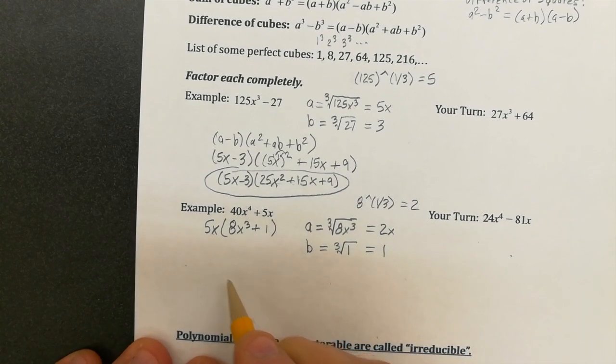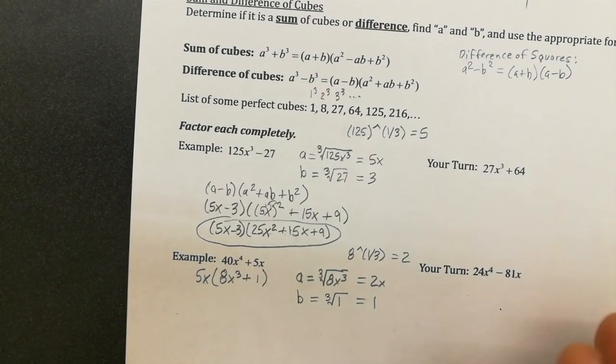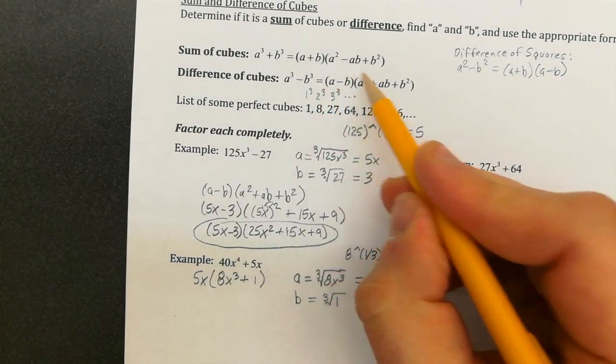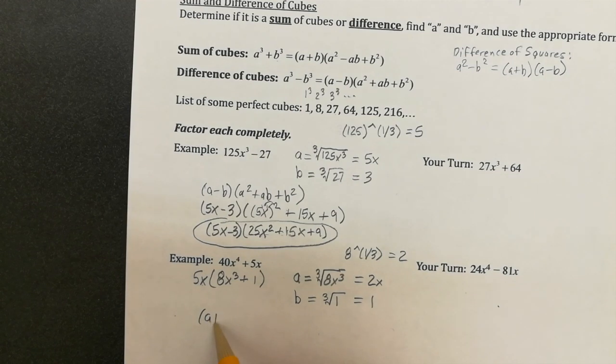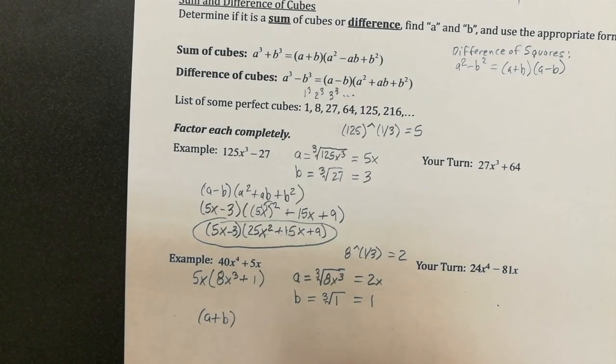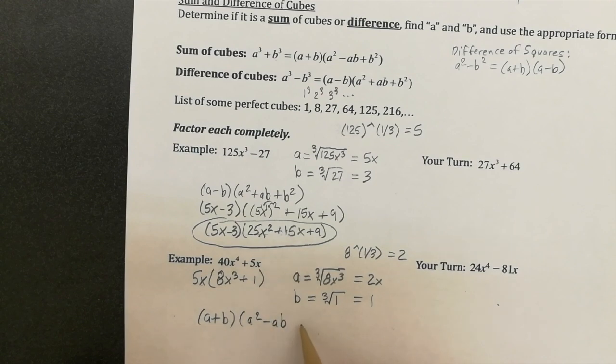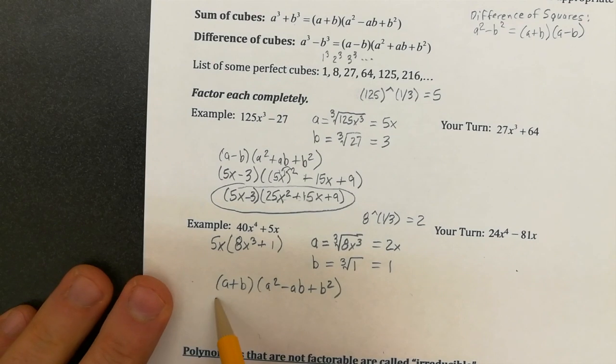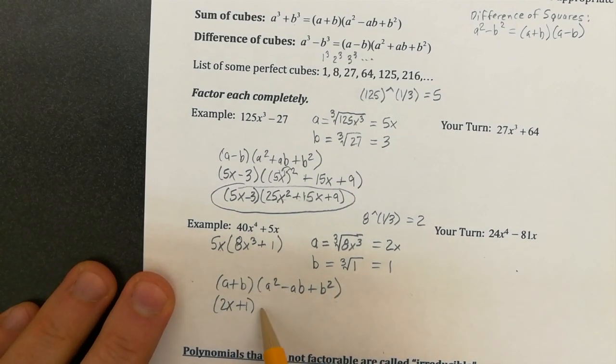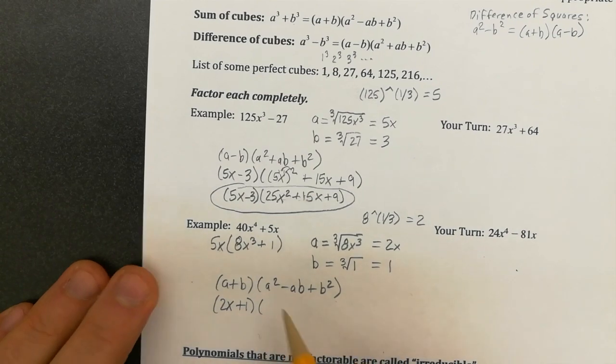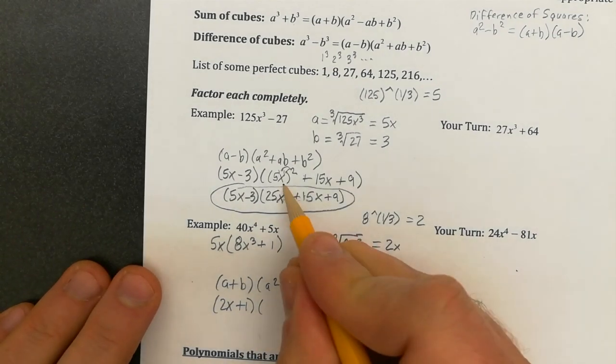Now you just plug these into the formula. This time we have to use the other formula. This is a sum of cubes. So a plus b times a squared minus a times b plus b squared. So a is 2x, b is 1. This time I'm going to do this one in my head a little bit more rather than write it out like I did here.